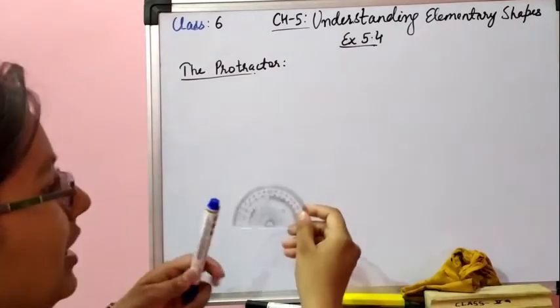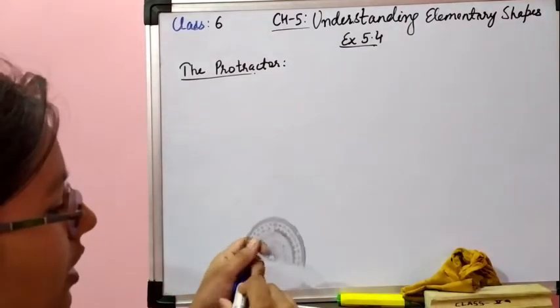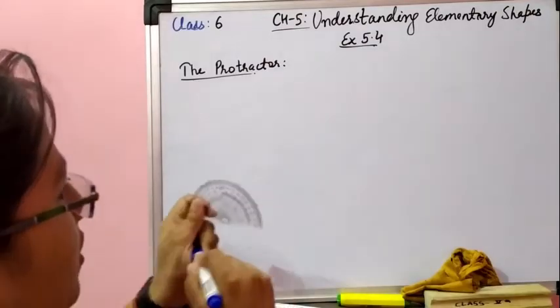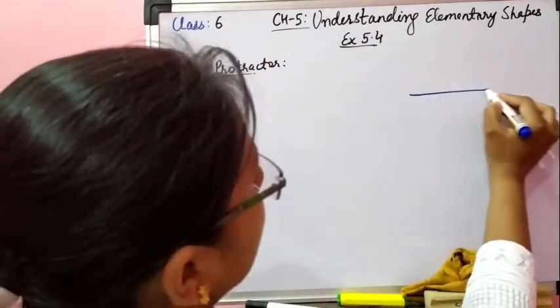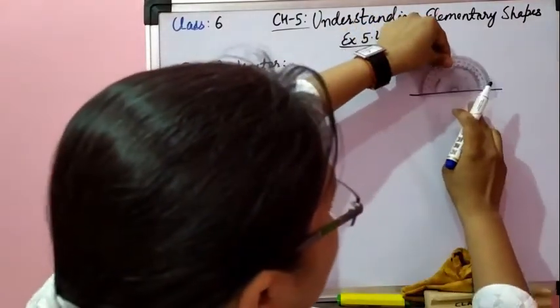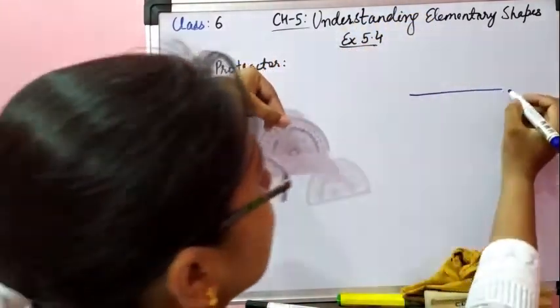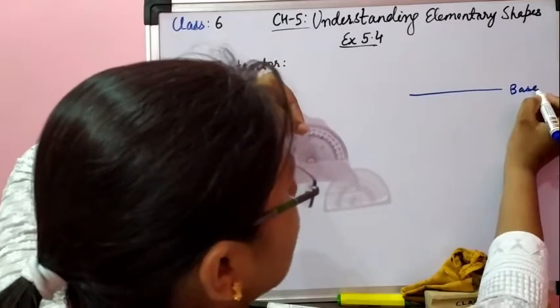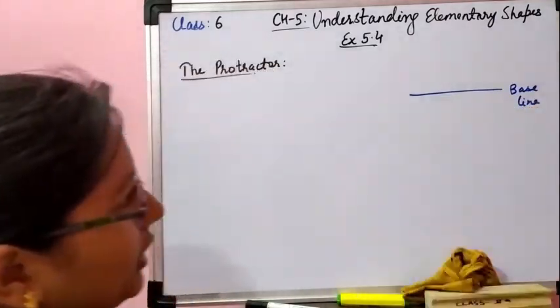Okay. So let me explain. The line which you can see in the protractor, this is the baseline of protractor. This line is called the baseline of protractor.